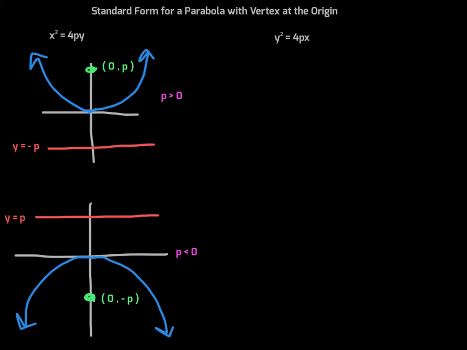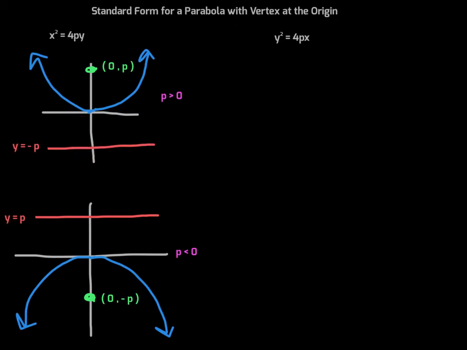Please notice that the distance from the vertex to the focus is p number of units, and this is really important. The distance from the vertex to the directrix is also p number of units, all right?